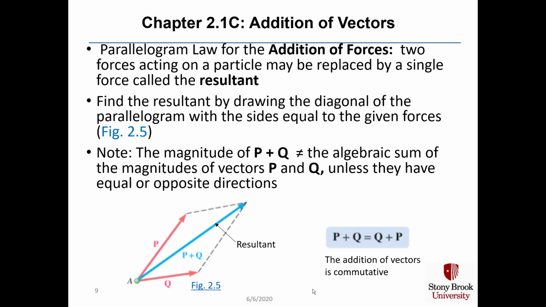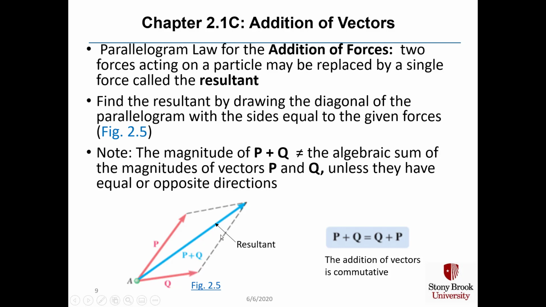The parallelogram law for the addition of forces says that two forces acting on a particle may be replaced by a single force, which is called the resultant. And you find the resultant by drawing the diagonal of the parallelogram with the sides equal to the given forces, as shown here in figure 2.5. So we've got vector P in red, vector Q in red.